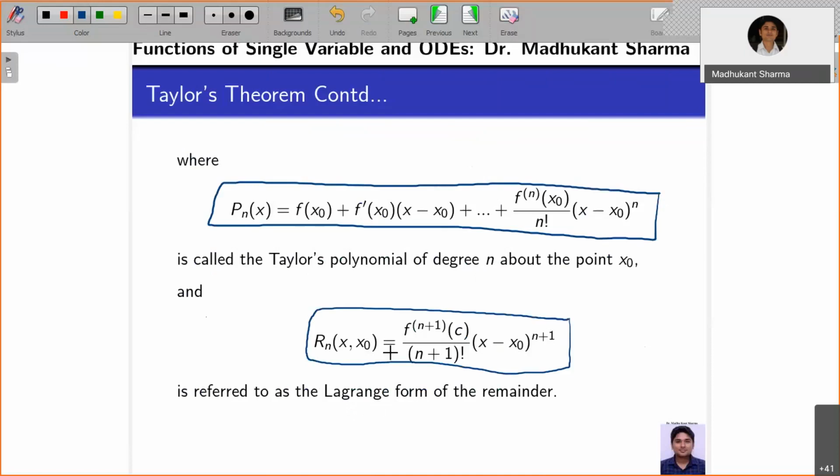Now see, look at this. Suppose the (n+1)th derivative is bounded, bounded by M. So this certainly is a constant, some fixed constant. And you can show that (x minus x naught) to the power n plus 1 divided by (n+1) factorial tends to 0 as n tends to infinity.